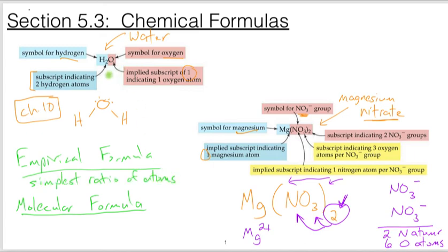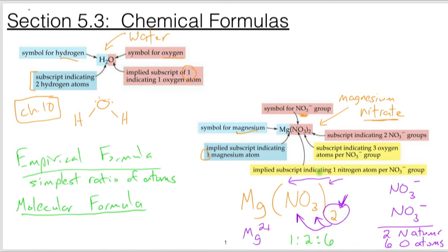For example, 2:1 is as simple as you can get for water. Same thing can be said here: the simplest ratio between magnesium, nitrogen, and oxygen that's possible for this compound. So 1 magnesium, 2 nitrogens, 6 oxygens.